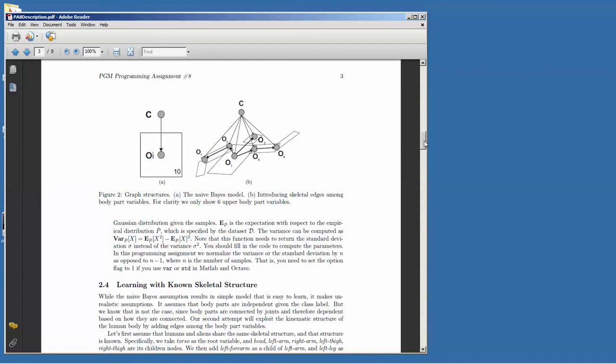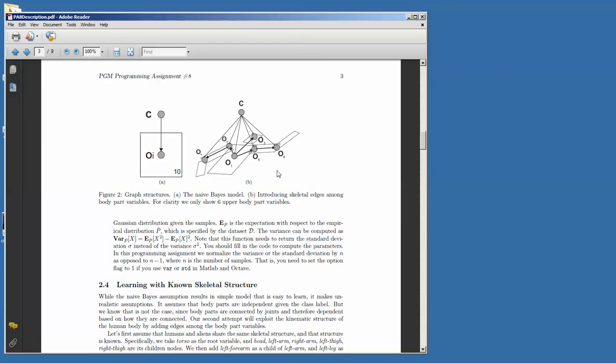But really, the things of interest here are these two models, these two graph structures. The one on the left is the naive Bayes model, where given the class, that is, given that it is human or alien, it assumes that the body parts are independent, whereas the more realistic graph structure, because all the joints are related, is to have parents, for example, like this part here, O4, its parent is O3, and so on.